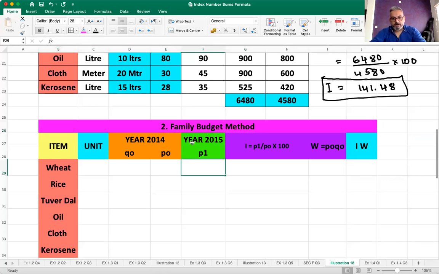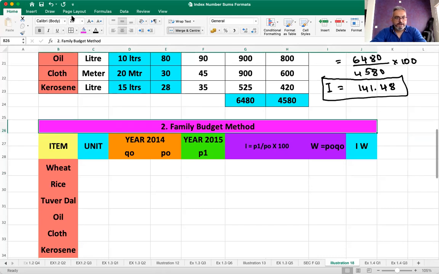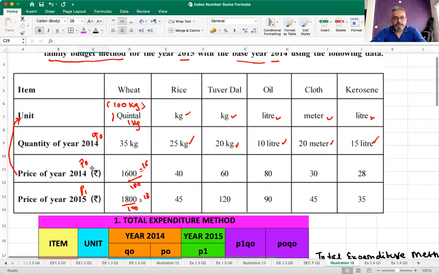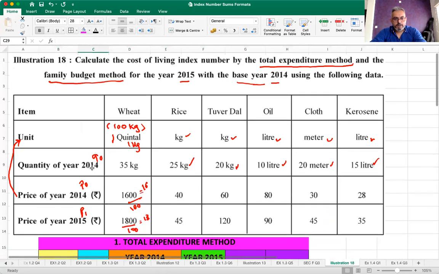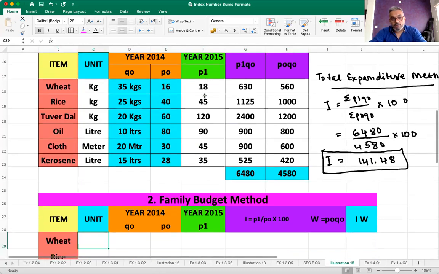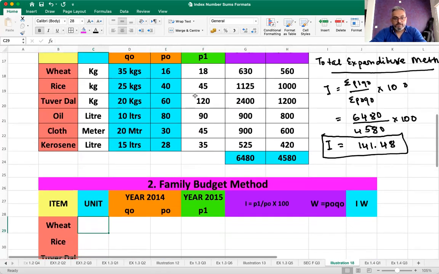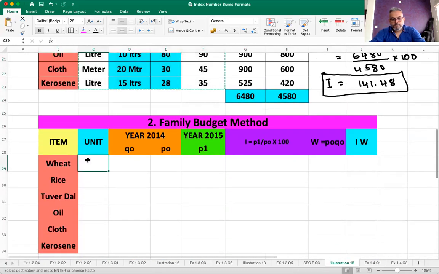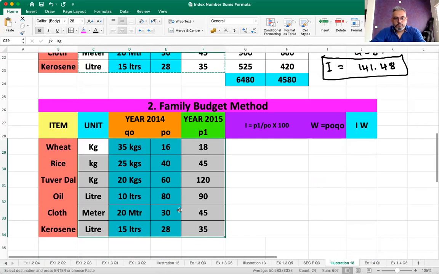So the second method is the family budget method. Again, the same thing, so the units remain the same. This year 2014 Q0 P0, year 2015 P1 also remains the same. Please write them.